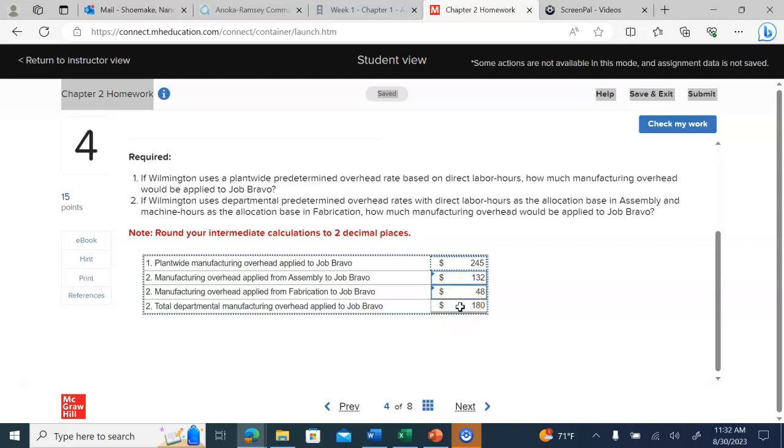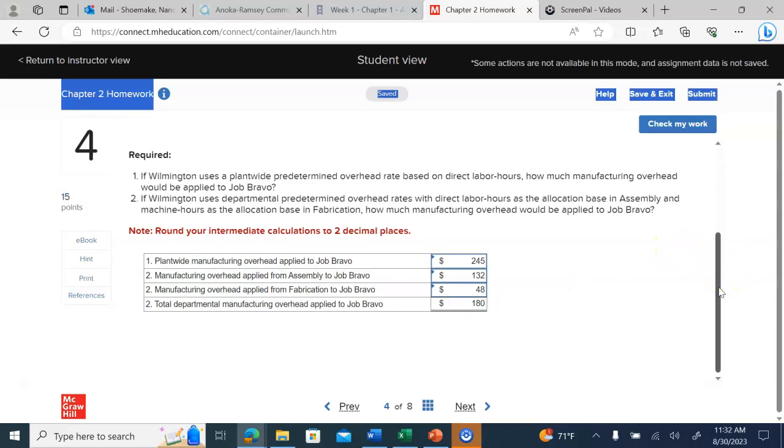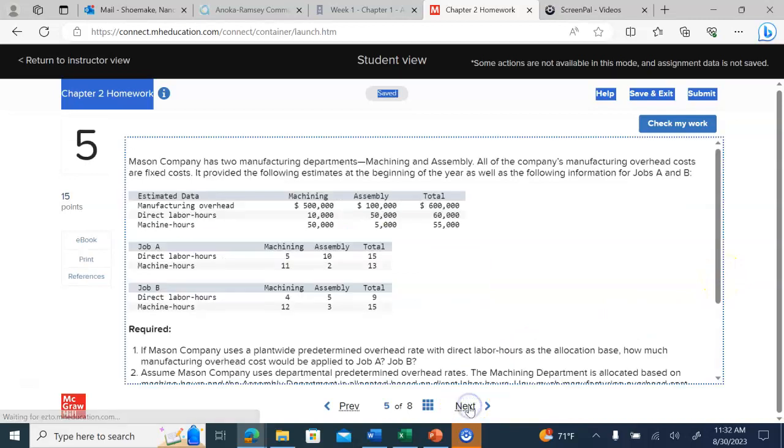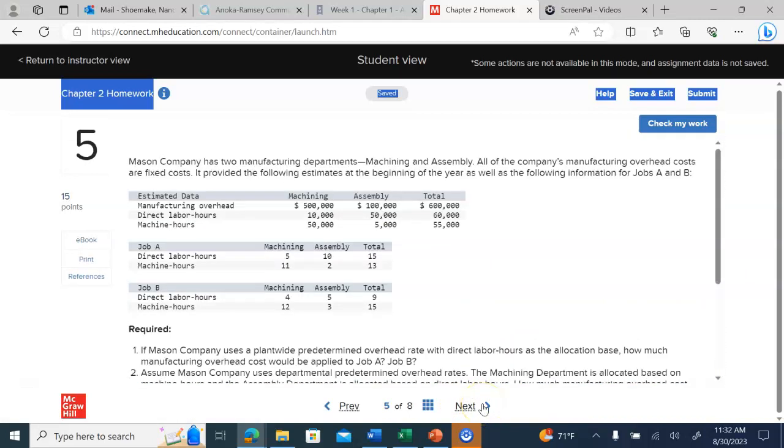Yeah, because we did it before. But it makes sense why they do machine hours, because that's what's driving the cost. You guys get that? Is it making sense? Okay, let's see what else.